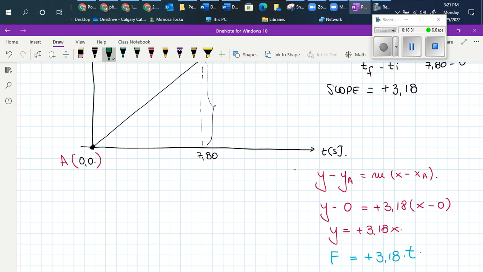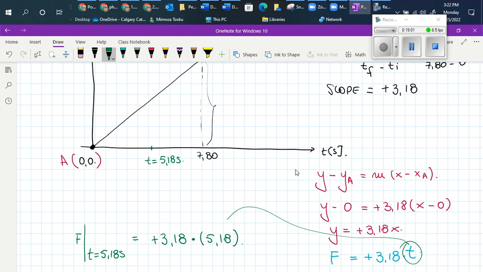Now, if we are looking for the force at a time that is, let's suppose, 5.18 seconds, then the force for time equals 5.18 will be positive 3.18 times 5.18, that is the time, because this is what we substitute.